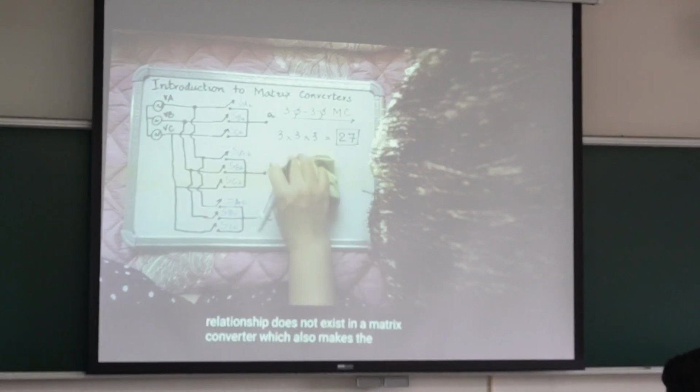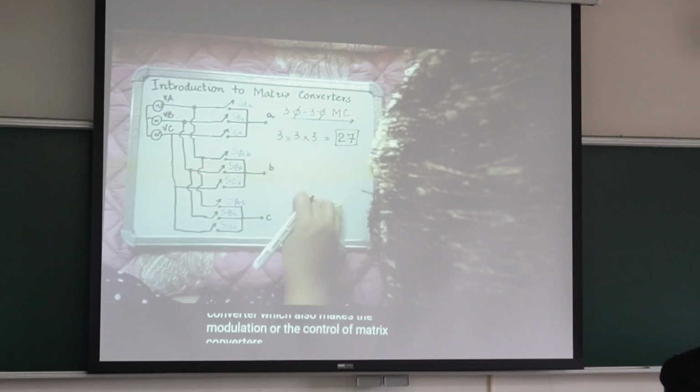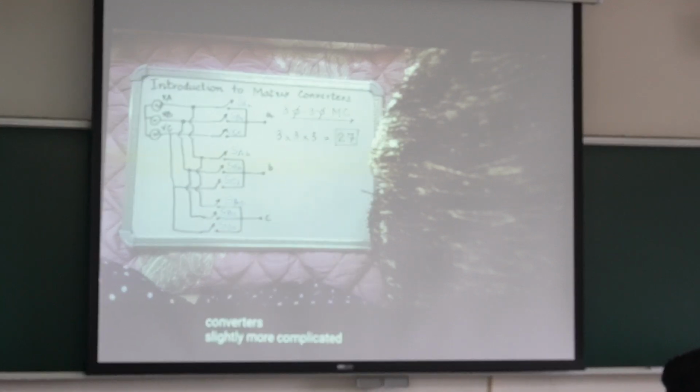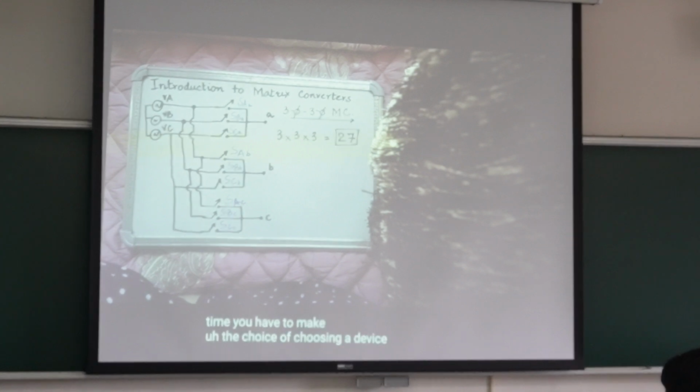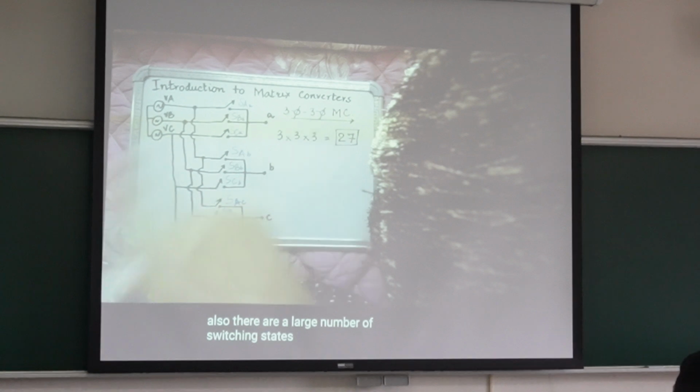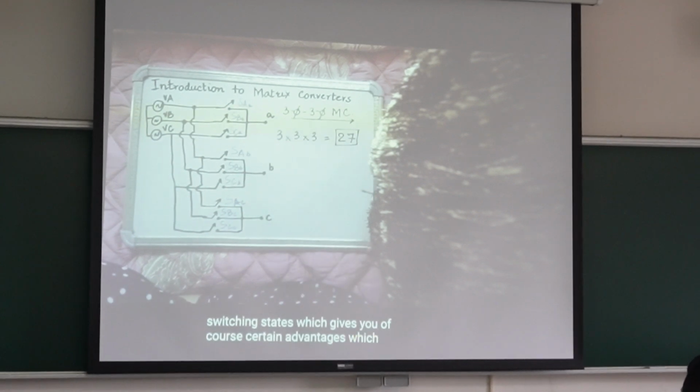This also makes the modulation or control of matrix converters slightly more complicated, because every time you have to choose a device between 3 devices. Also, there are a large number of 27 different states, which gives certain advantages, which we will discuss later, but it also makes the control very complicated.